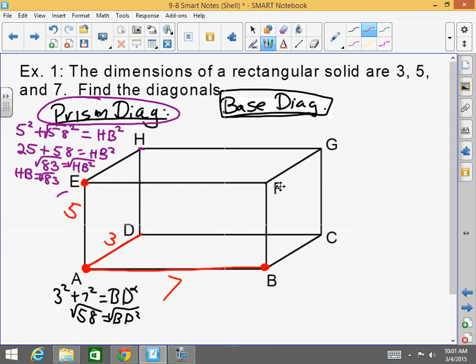But to make your lives easier, I will label them for you. I will tell you where the sides go, because it is a fair argument what you're saying. If I were to switch the 7 and the 3, I get the same answer. But if I switch around the 5 and the 3 and the 5 and the 7, you will get different answers.